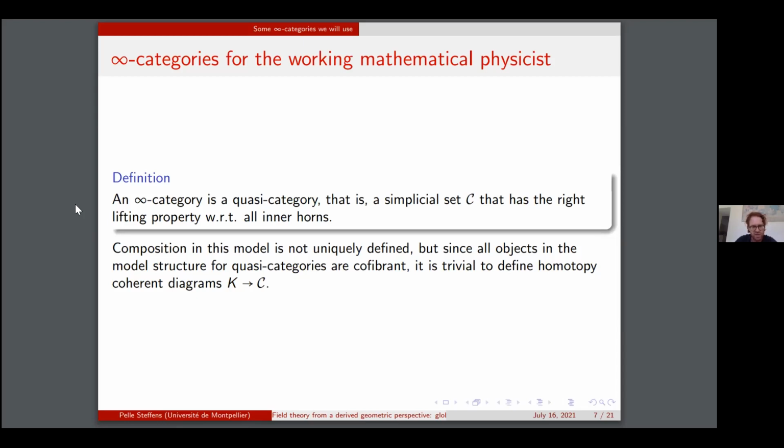So that's just a simplicial set which has the right lifting property with respect to all inner horns, and this is a very convenient model. Precisely because it's quite hard to write down quasi-categories by hand, it's actually the machinery of quasi-categories that makes them easy to work with.